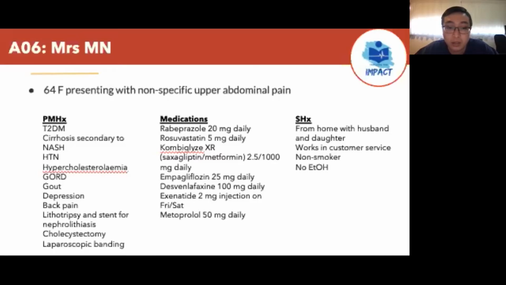A common complication of laparoscopic gastric banding is that the band becomes too tight and the patients become dysphagic, which puts them at risk of aspiration pneumonia as well. And worsens gastroesophageal reflux disease.